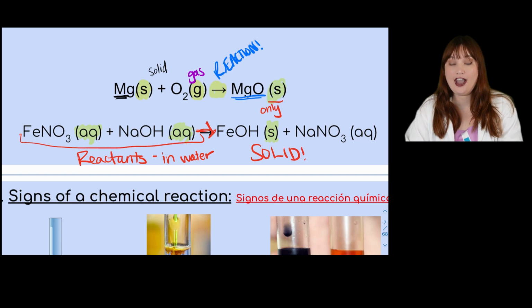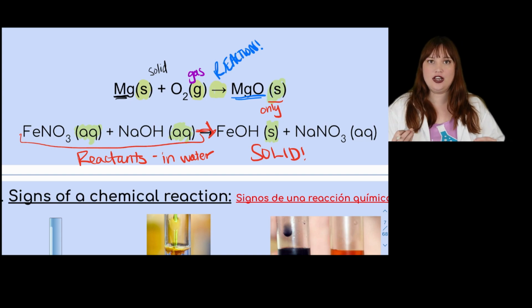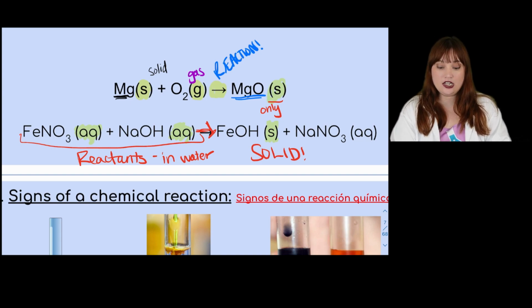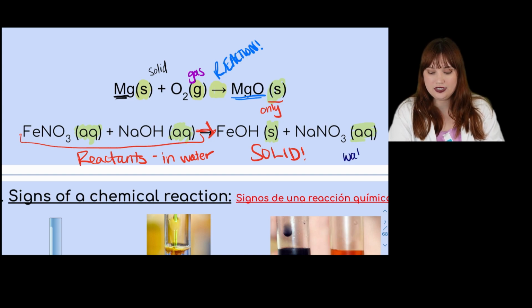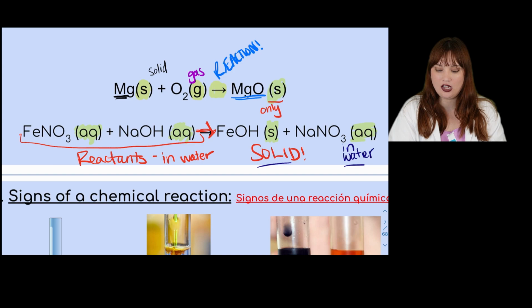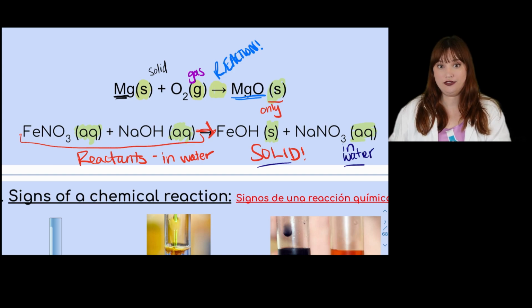Somehow, some way, after this reaction happens, I should have a solid. Now that's not the only product, I also have something that is still dissolved in water. So if I do this reaction, I should see some kind of solid and some other substance that looks like a liquid. It's dissolved in water.